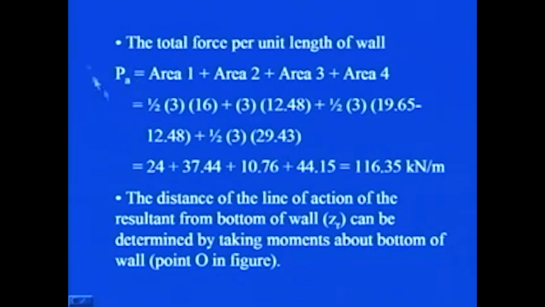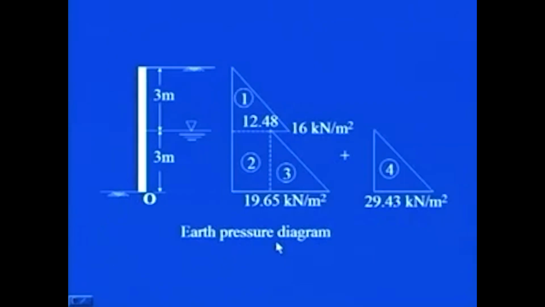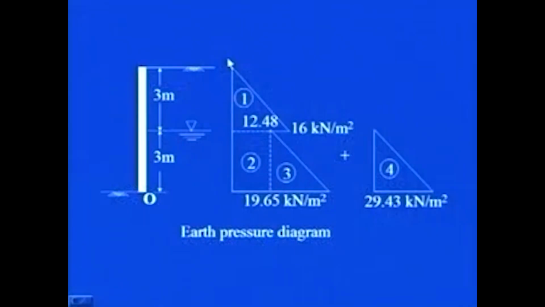Now the distance of the line of action also we have to find out, that where this resultant total force will be acting, and this can be found out by taking the moment of all the forces about this point O. If I take only the first area, what will be the resultant of this particular force, that is the area of this area 1, and that will be acting at a distance of h by 3, that means 3 by 3, that is 1 meter from this particular level.